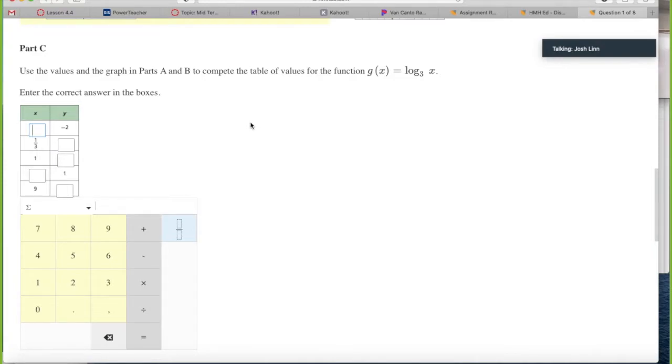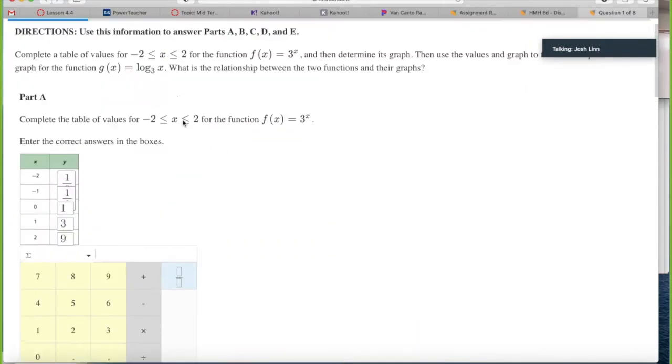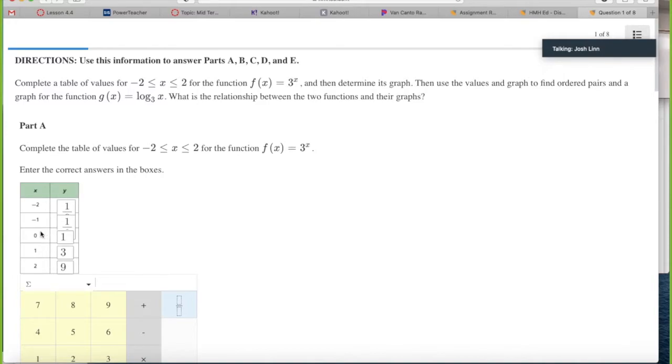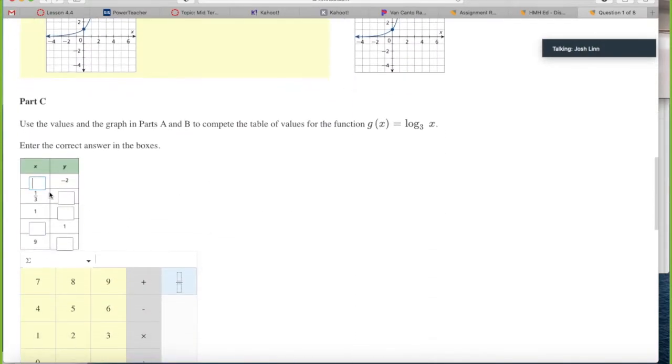You can't plug this into your calculator, but you can either rationalize it out and turn it back into an exponent, or you can remember that the log is the inverse of our function right here. So all of these x values are now our y values, and all of our y values are now our x values. So for -2, it was 1 over 9.